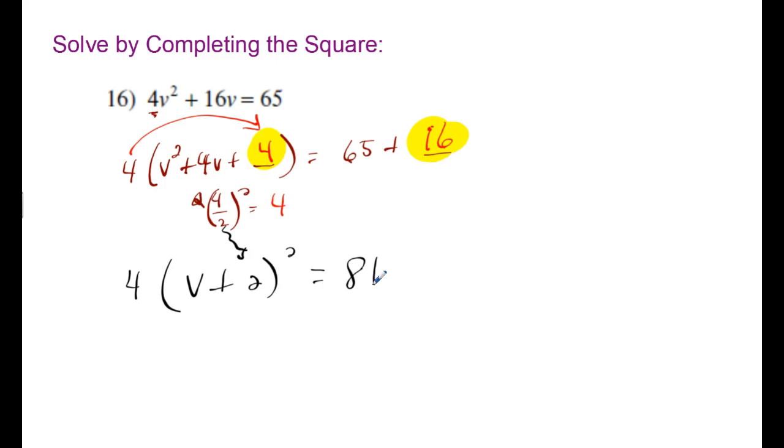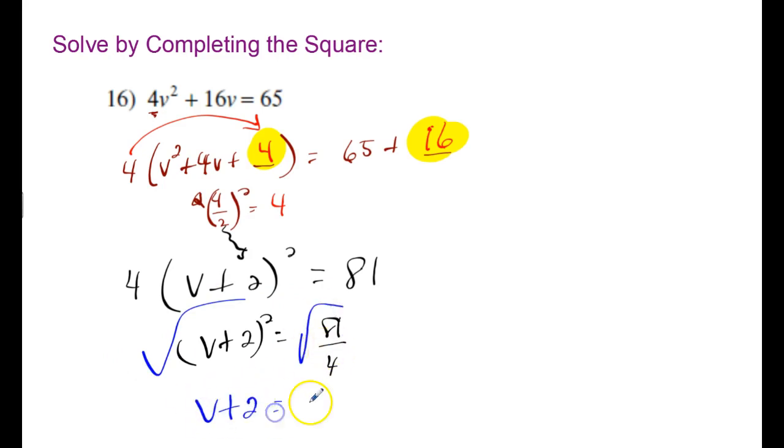And so then I'll take 81 and divide by 4, which is not a nice number. So I'll just leave it as a fraction, 81/4, because the next step is to take the square root of that, which is pretty nice then.